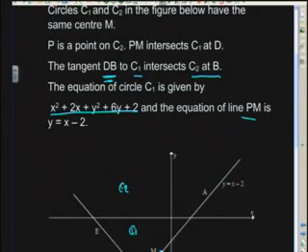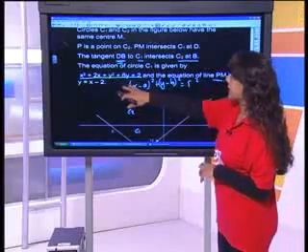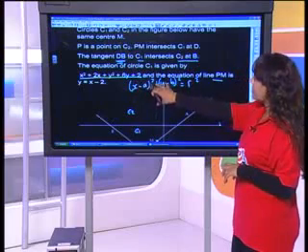So all we simply have to do is complete the square and write this in the form x minus a squared plus y minus b squared is equal to r squared, and that will help us to work out the coordinates of the center of the circle.